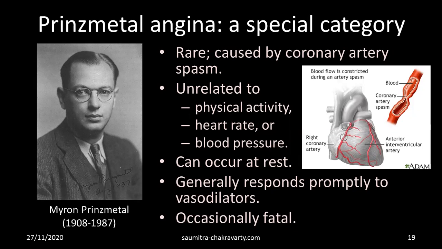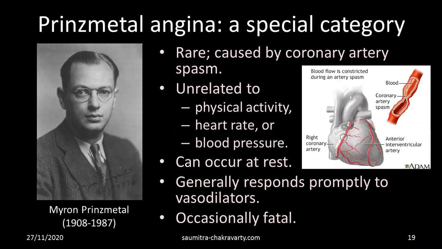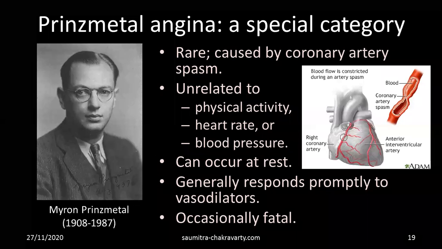Whenever they read something rare, they seem to find that diagnosis everywhere. New med students read some rare symptom, rare syndrome or disease, and they start finding that rare condition within themselves, within all other patients, within everyone. Are you familiar with this type of tendency in your med school? I mean, MBBS school, medical college. So this Prinzmetal angina is one of those zebra diagnoses.